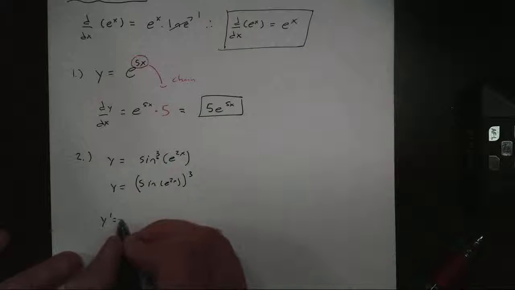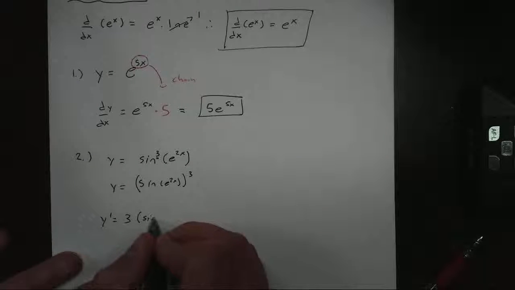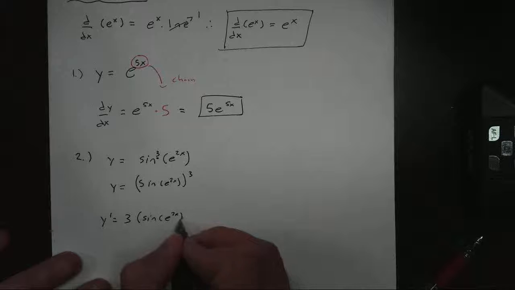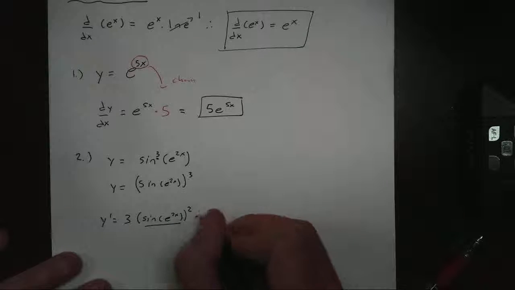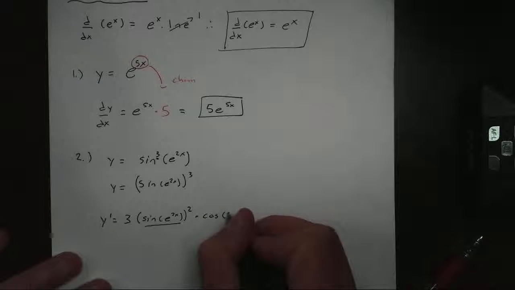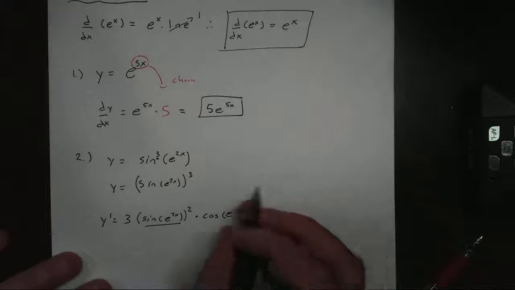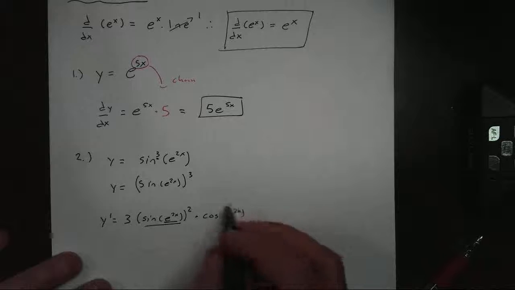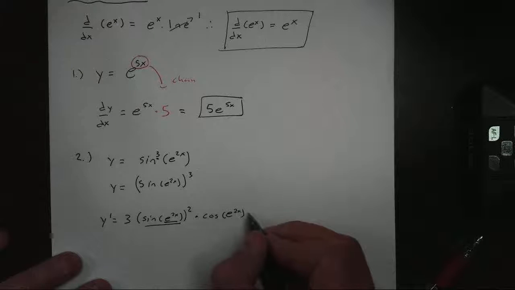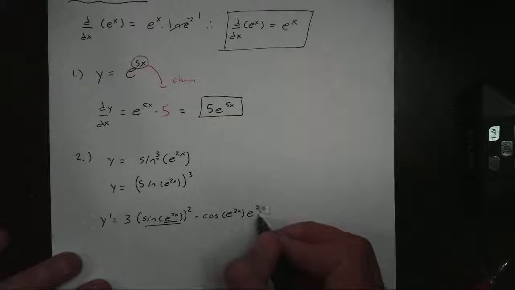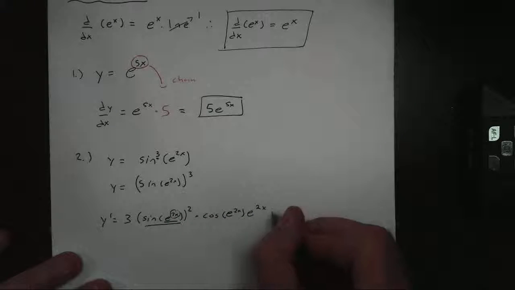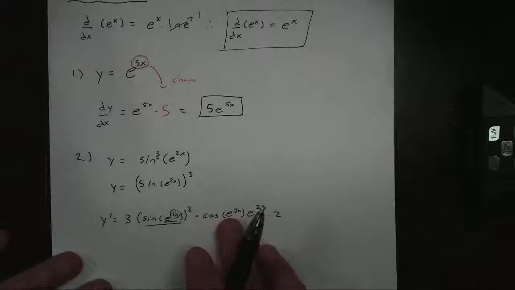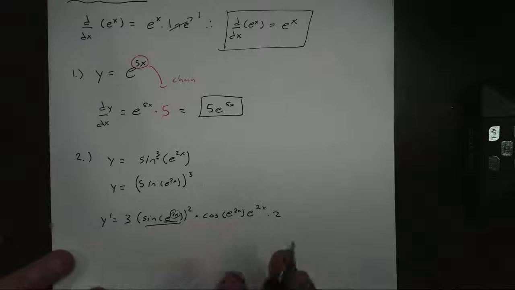So y prime becomes 3 sine of e to the 2x squared, times the derivative of my inside, cosine e to the 2x, times the derivative of the inside, chain rule, major chain rule here, e to the 2x, and I'm still not done because now I have to multiply by the derivative of 2x, which is 2. And there's our very, very long derivative.